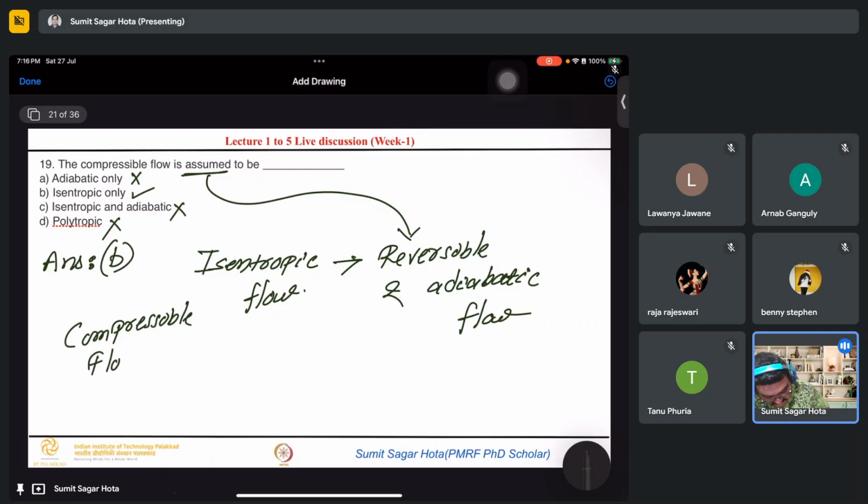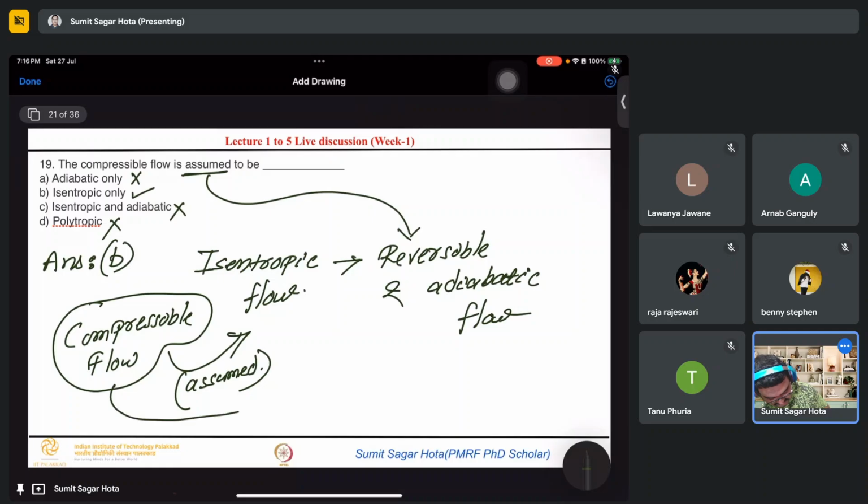So for the compressible flow, this is assumed to be isentropic flow. So obviously, it means what? The compressible flow means there is a change in density.